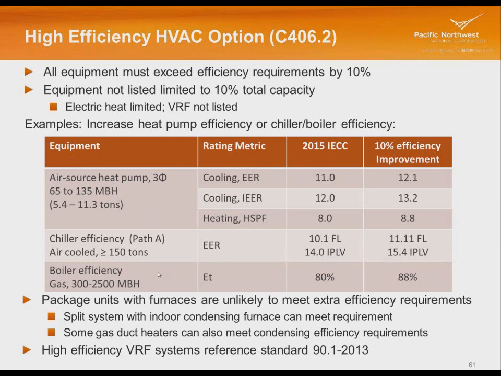And then if I had a boiler, if 80% is the requirement, 88% would be 10% above. A condensing boiler would certainly meet that. So if I had a boiler in here, I would have to meet it. Now I'm going to have to meet it on both the cooling and the heating sides to meet this extra efficiency requirement.